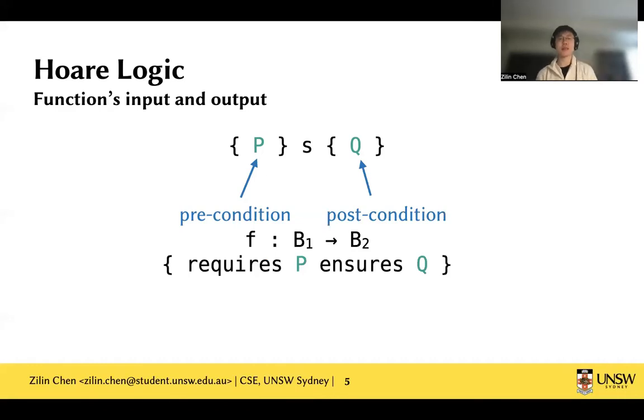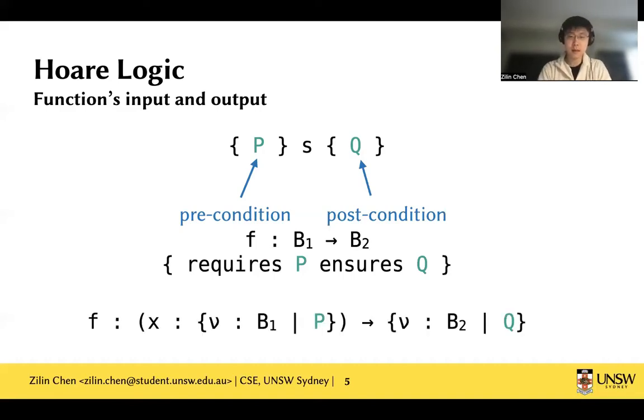We can easily rewrite this annotation using refinement types like this. So the P and Q become the refinement predicate of the input and the output type of this function, respectively. So here we established a connection between Hoare triple and refinement types.